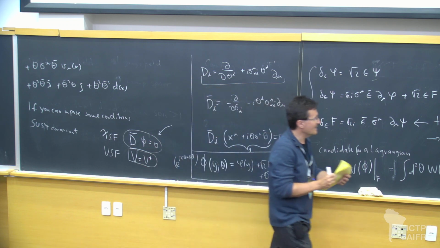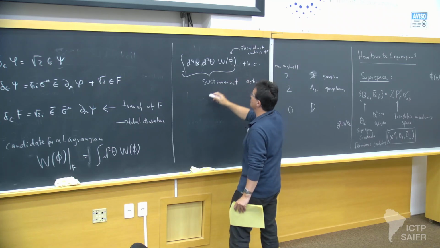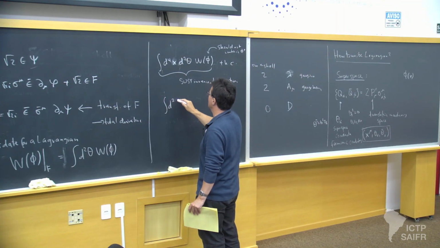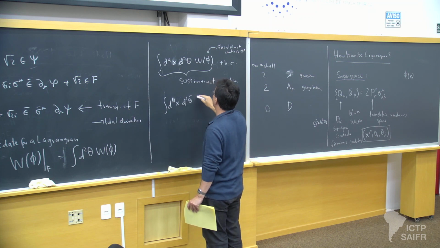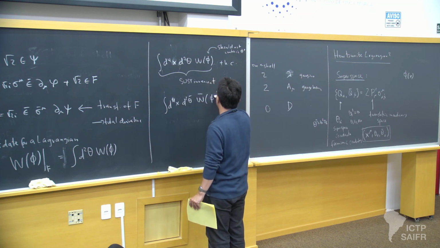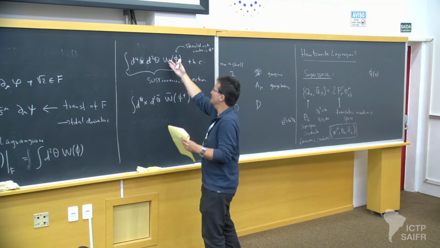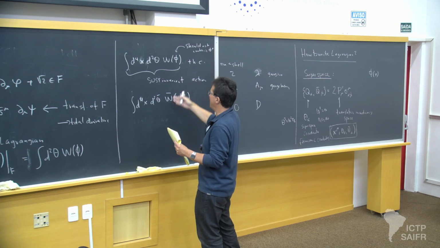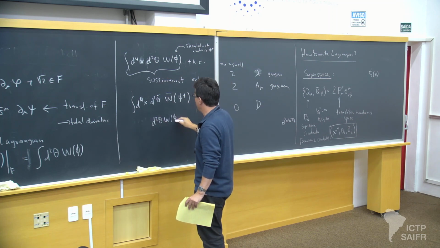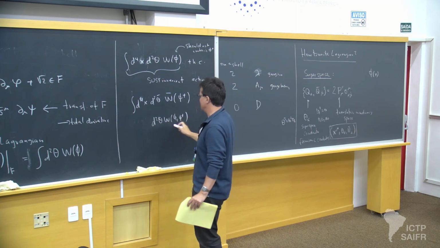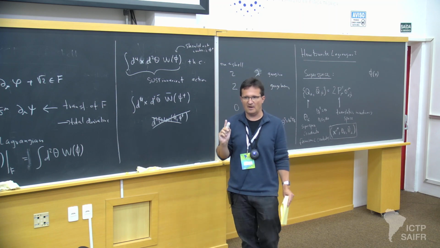So of course you can add the complex conjugate of that. The complex conjugate would contain a term of the form d4x d2 theta bar of W bar of phi dagger. So that's of course there, but it's just the complex conjugate of it. What you cannot have is something like d2 theta W of phi dagger. That's not allowed. That's not going to be supersymmetrically invariant.